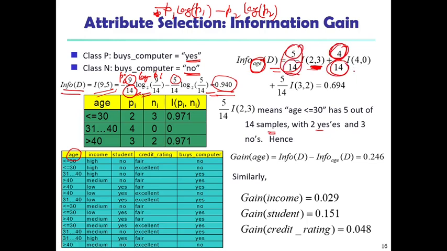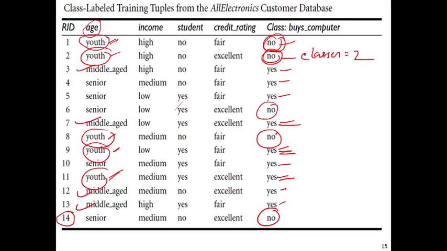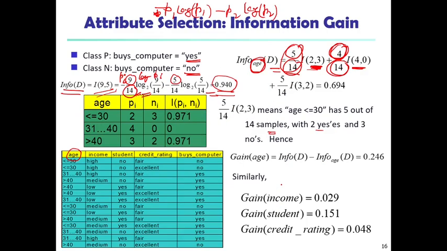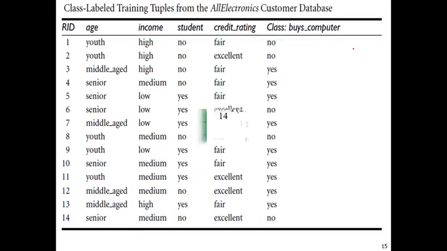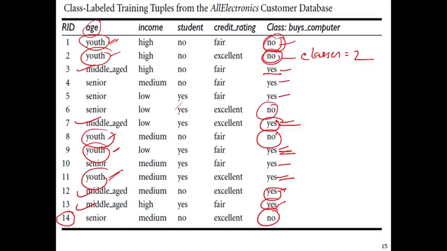And then 4, 0. That means out of this middle age, 1 yes, 2 yes, 3 and 4, all are yes only. There is no no, that's why it is 4 yes and 0 no.